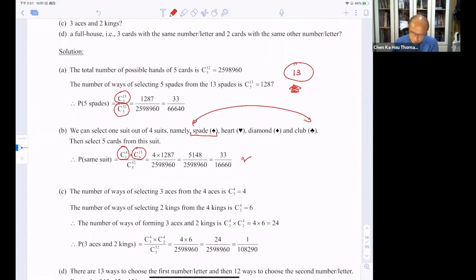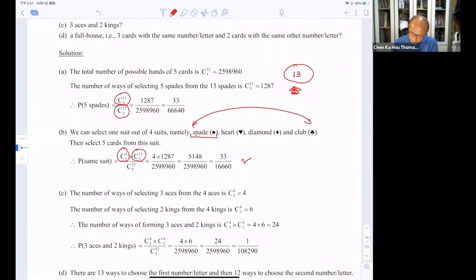C: 3 aces and 2 kings. There are 4 aces and 4 kings, so it is 4C3 times 4C2 over 52C5.